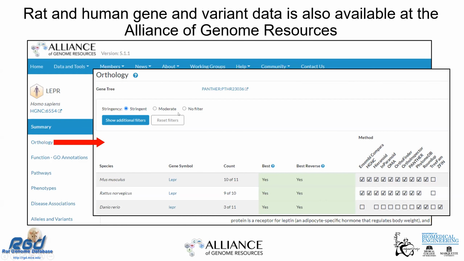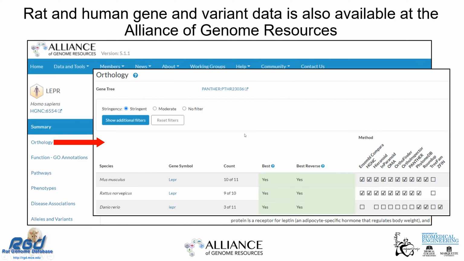You can take that down to moderate, and it's not quite as stringent, or you can take all of the filters off and see everything that any of these algorithms have predicted as orthologs. And if you take all of the filters off, in this case, there are actually a couple of worm genes and a couple of fly genes that have been called as orthologs for the human Lepr gene by a single algorithm.